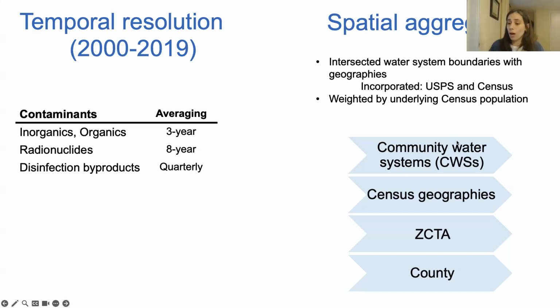So we have these at the water system level. There is a national shapefile of estimated water system boundaries across the US. Some of these are very high quality, some rather low quality, but it does exist. Then there are various census geographies, ZCTAs, and counties.